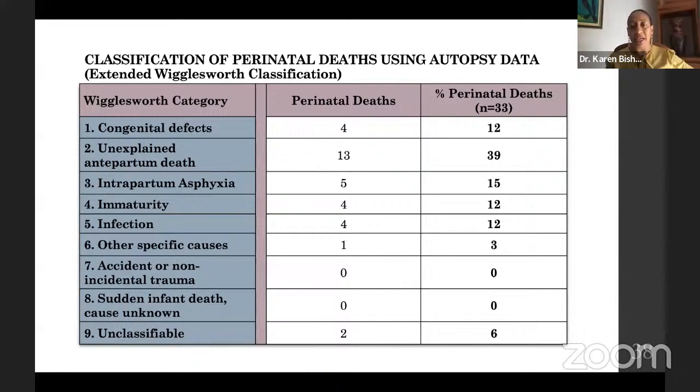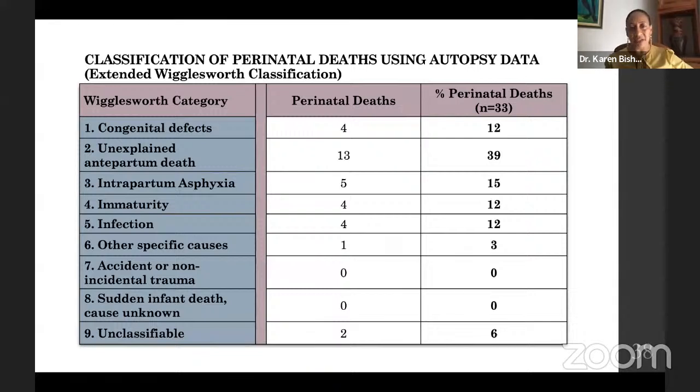Keep 2 things in mind. Of those 5 babies, 2 were somewhat difficult to classify because they were premature infants under 30 weeks. But there was a large retroplacental hematoma on the placenta of both of these babies.